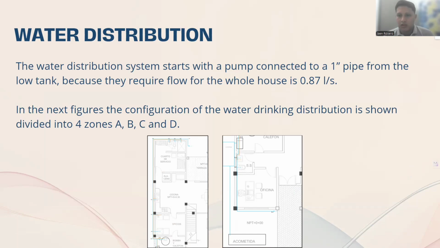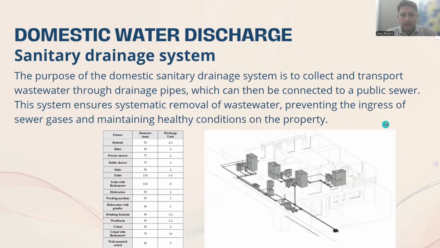In the next figure, the configuration of the water distribution installation is divided into four zones: A, B, C, and D. You can see it in the picture example. The next slide is the waste water drainage.